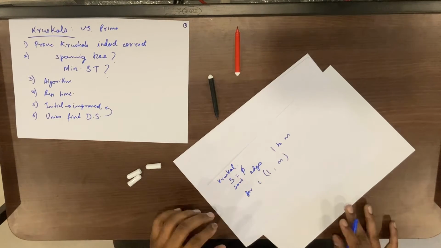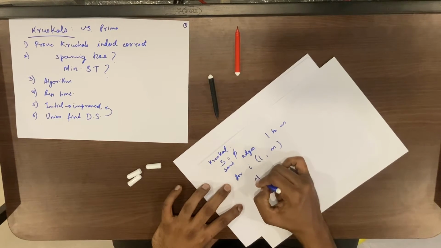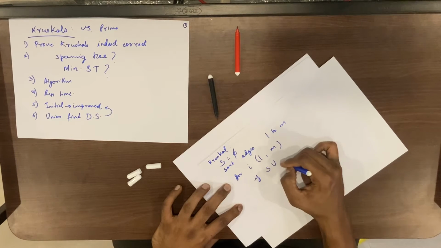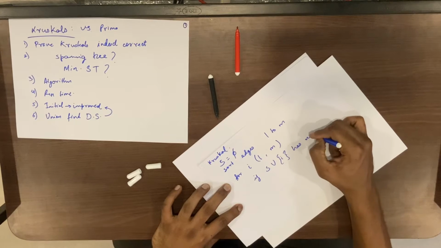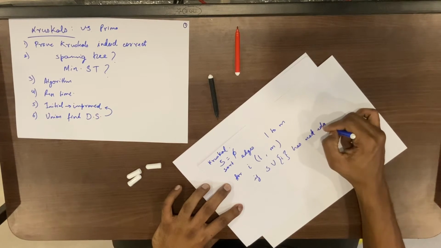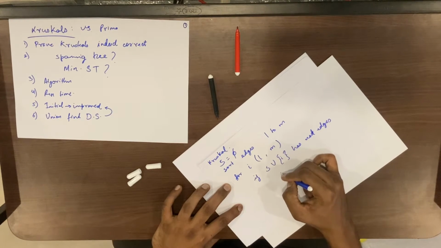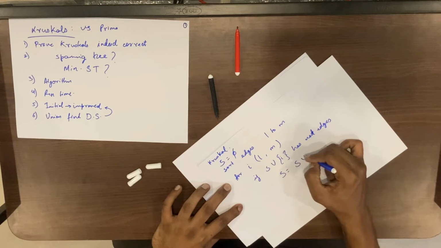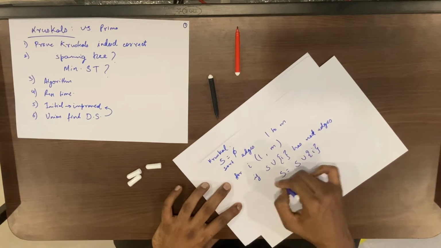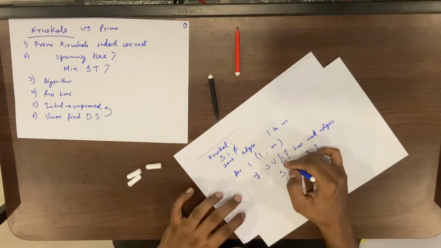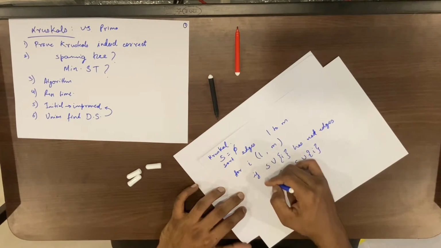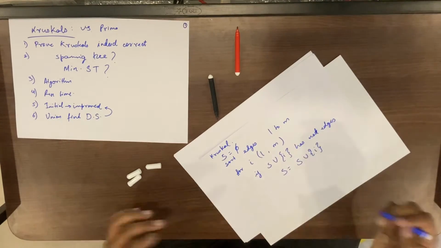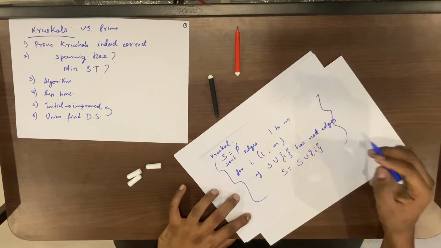That means no edges are added. Now for i going from 1 to m, if S union i has no cycle, then S equals S union i, and there is no else, because if S union i has a cycle, we do not go into this and move on to the next step. Basically, this is simply Kruskal's algorithm.